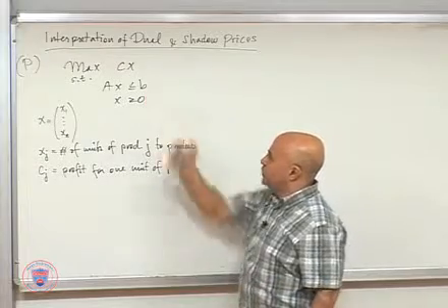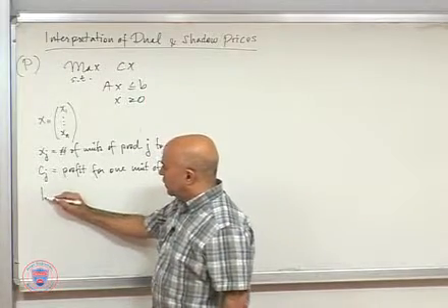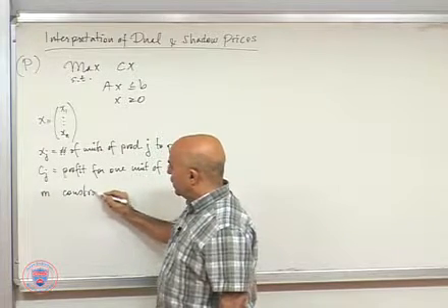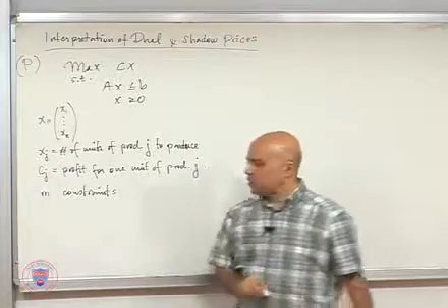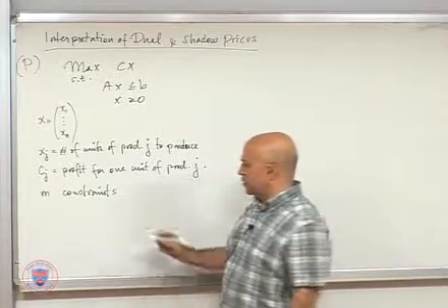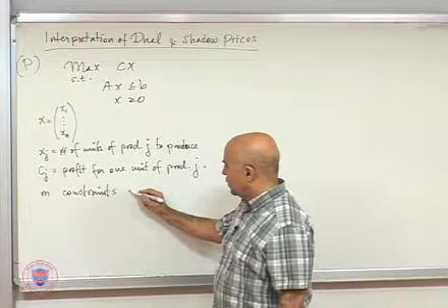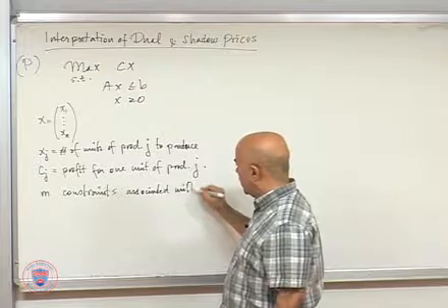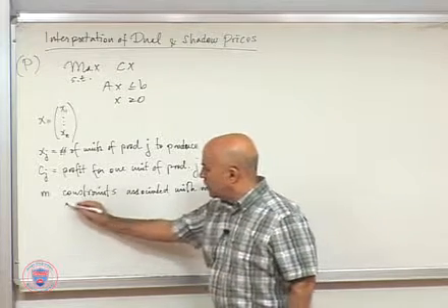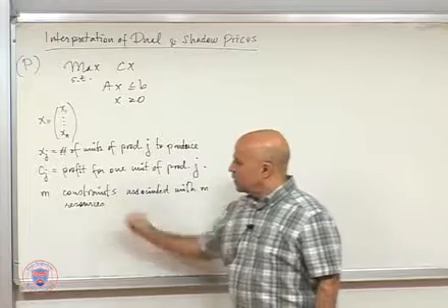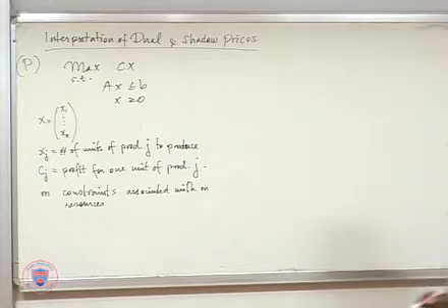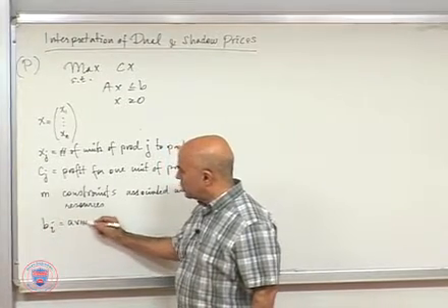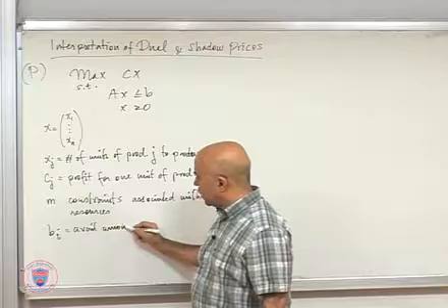But then you have different resources. So we have constraints, and each constraint stands for a resource. So we have m different resources, and bi is the available amount of resource i.